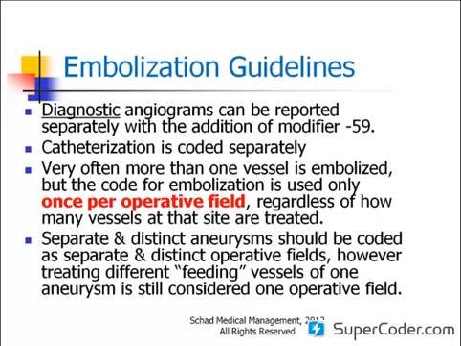Very often more than one vessel is embolized, but the embolization is only coded per operative field, regardless of how many vessels are in that site. Now the difference is if they are treating separate and distinct aneurysms, then they should be coded separately as operative fields. But still in all, the individual vessels that are feeding the aneurysm are considered part of that aneurysm, and you're not going to be doing those separately.